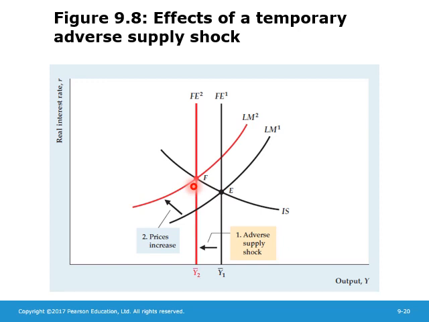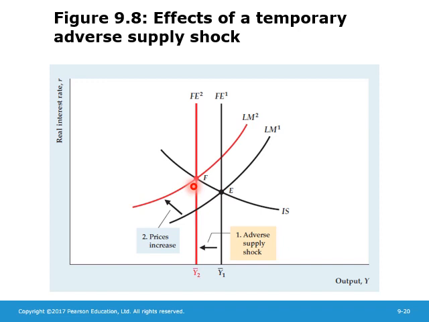So how would this happen, that the LM curve will shift up and to the left? Remember, this happens when the price increases, because when price increases, the money supply decreases, so the LM curve will shift up and to the left.